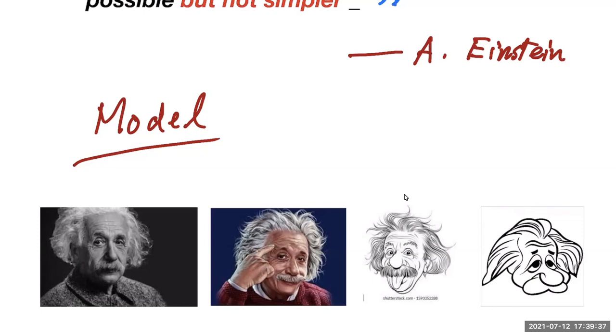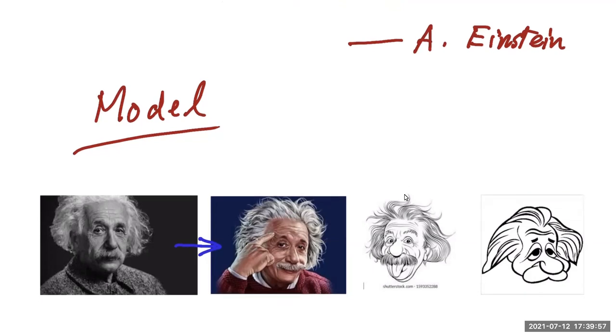And when that is not possible, you compromise. So what you say is, okay, let me draw a picture that is somewhat simplified. So you go from here to there, somewhat simplified. So you see a picture like this, but this picture still has a lot of details, even though it's not as hard to draw as the first one, as the photo reproduction of Einstein.